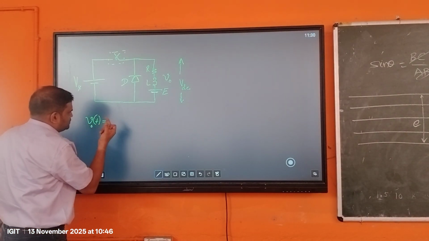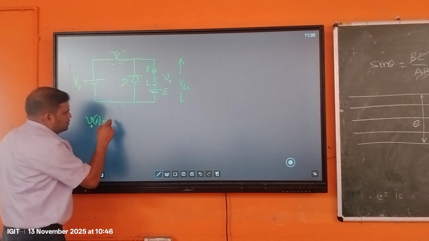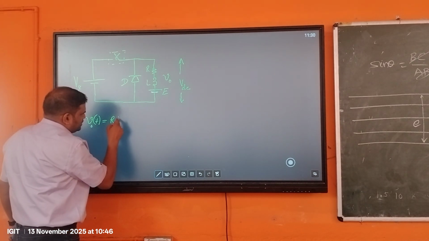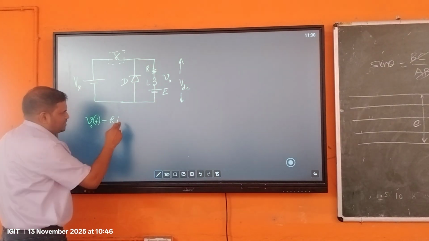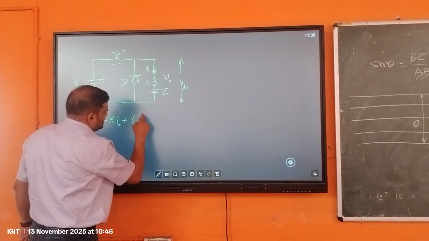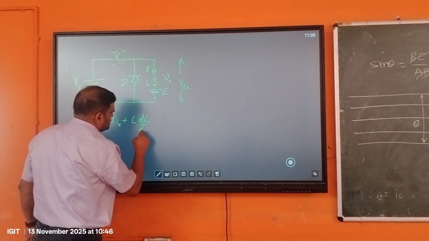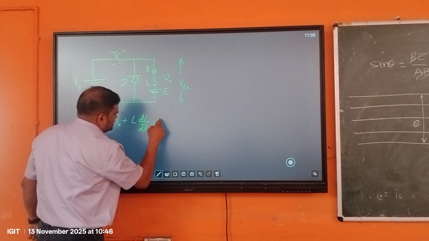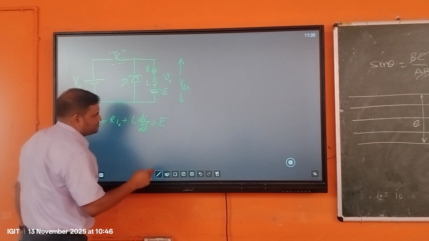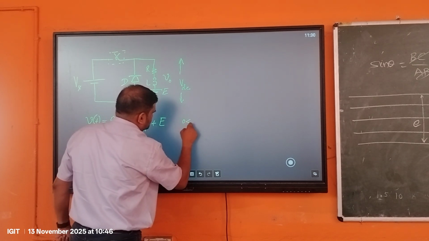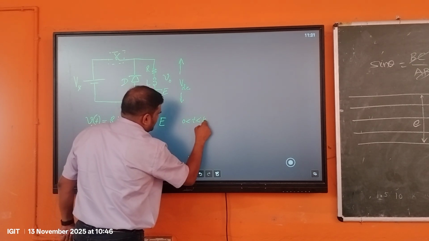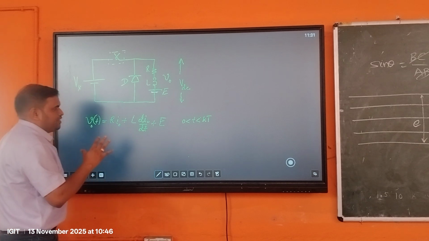V0(t) is equal to R into I, where I is I0 or simply I, plus L dI0 by dt, plus E, during the time from 0 to kT.